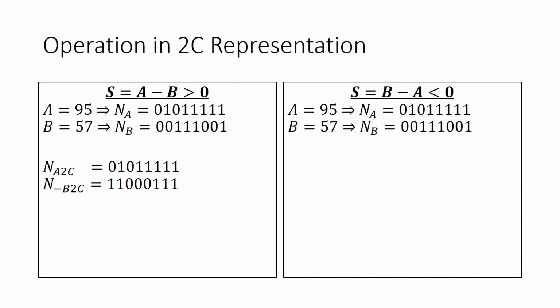What we are actually doing is, if we have minus a minus b, suppose, then we write down the twos complement representation of both minus a and minus b, and then add them together.